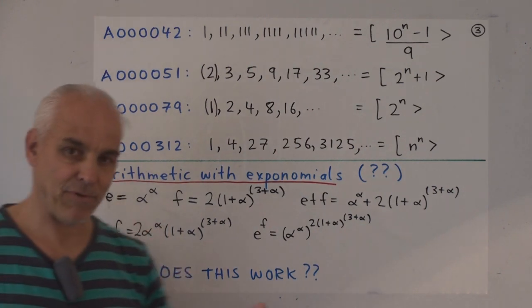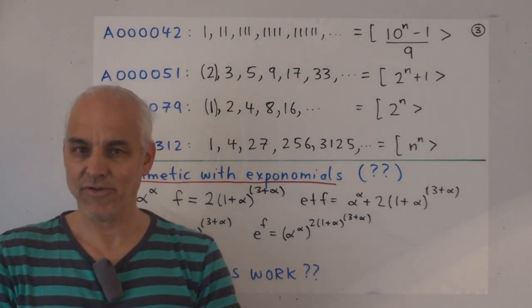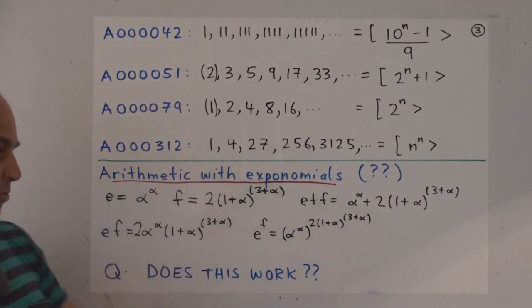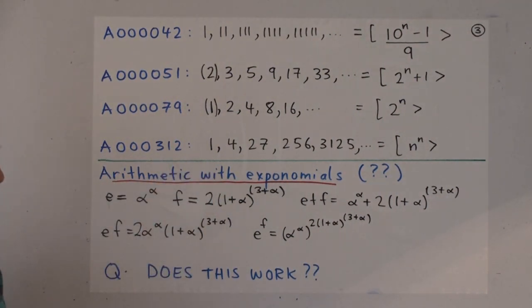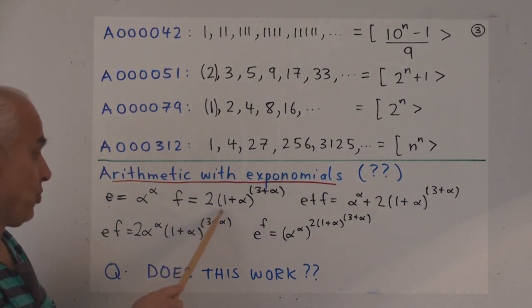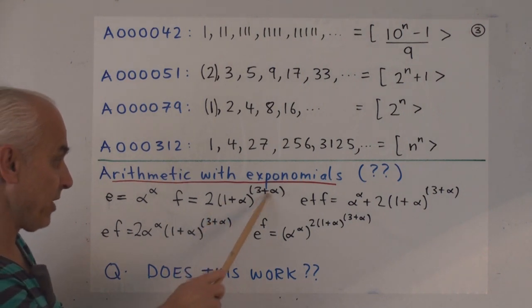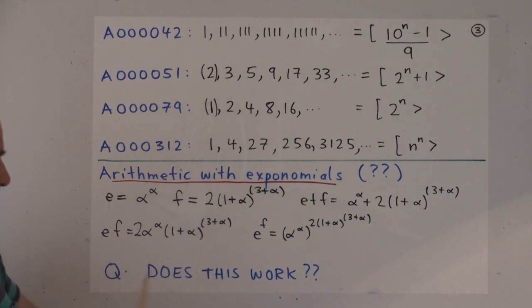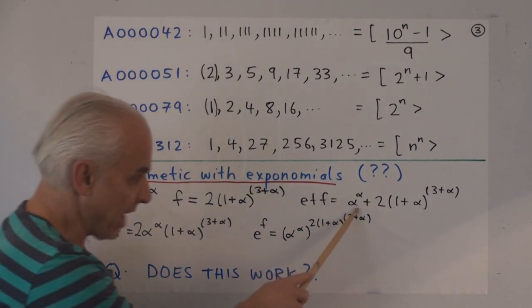All right, so we've got some examples of such exponomial sequences. Can we do arithmetic with them? It's a natural question. Well, it's not too hard to see that, yes, we probably could. For example, if we have the exponomial e, which is alpha to the alpha, and we also consider the exponomial f, which might be 2 times 1 plus alpha to the 3 plus alpha, then we could add these two to get that exponomial.